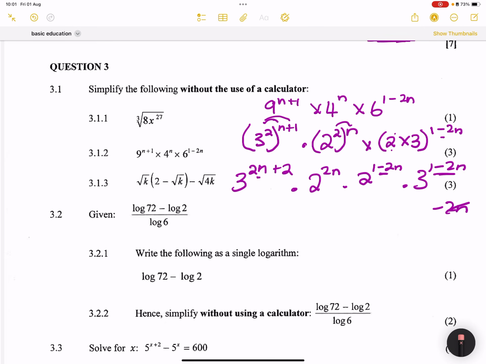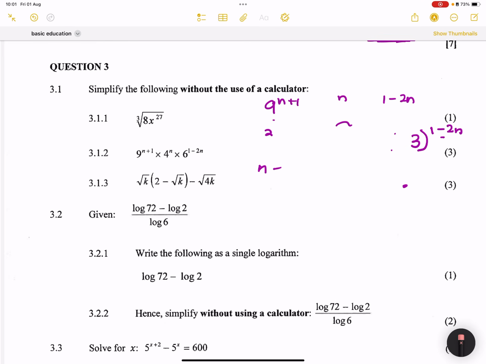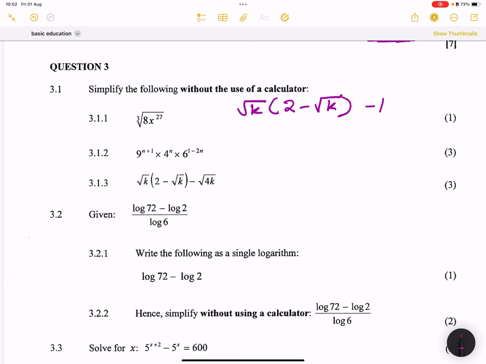3.1.3. So we're given the square root of k multiplied by, open bracket, 2 minus the square root of k, and we've got minus the square root of 4 multiplied by k.